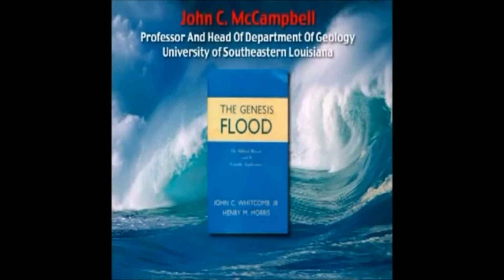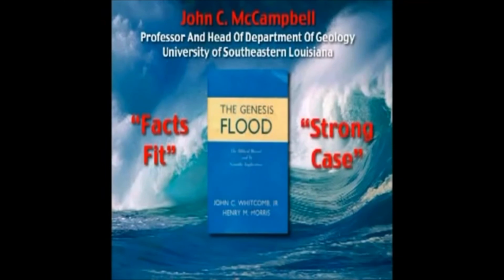Interestingly, John C. McCampbell agreed to write the foreword to this book. He's an evolutionist, professor and head of the Department of Geology at the University of Southeastern Louisiana. And he says in that foreword that the facts of geology do fit this explanation, and that the authors make a very strong case for it and present a serious challenge to the evolutionary interpretation.